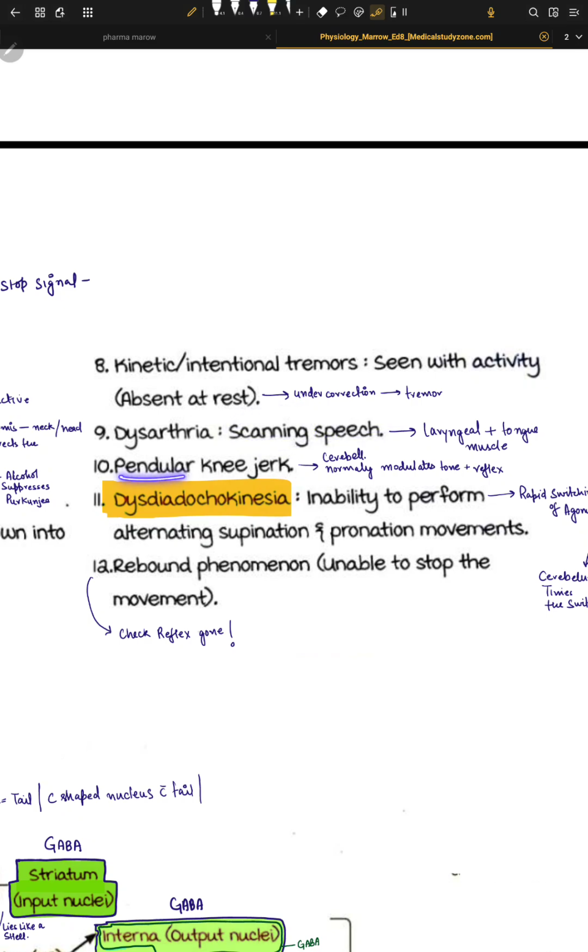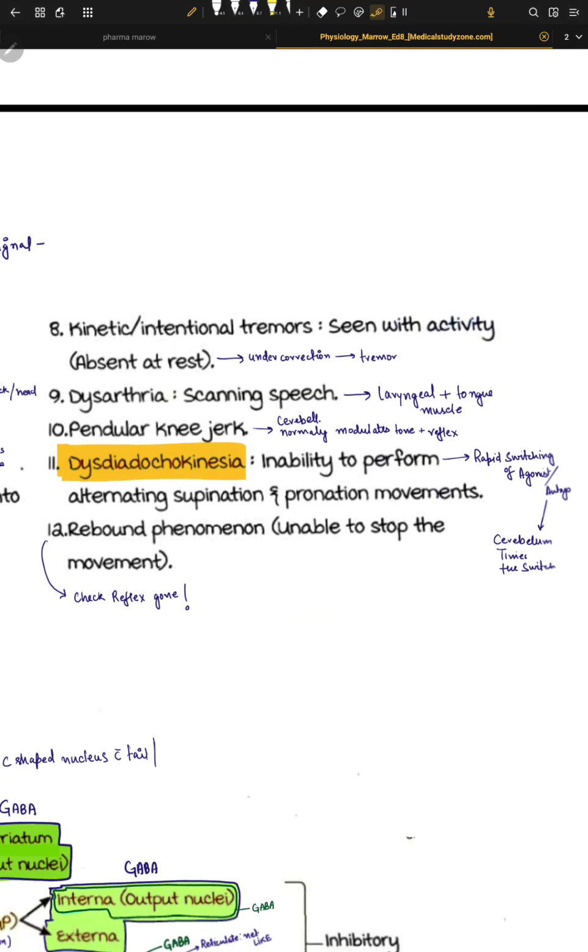Okay, so what about pendular knee jerk? Well, cerebellum normally modulates tone and reflex. So imagine if your cerebellum is messed up, you will have something called pendular knee jerk. What about dysdiadochokinesia? What is diadochokinesia? Wow, weird name, a long name.